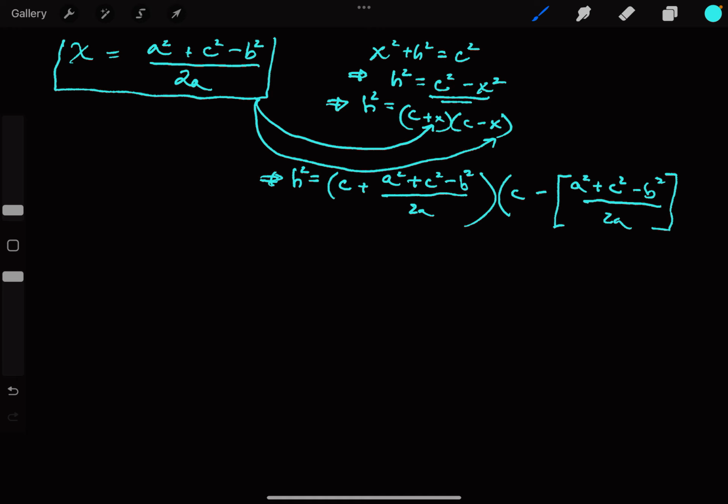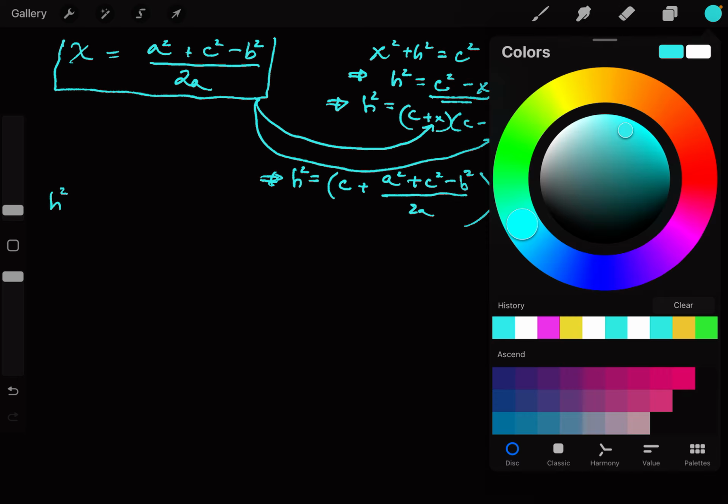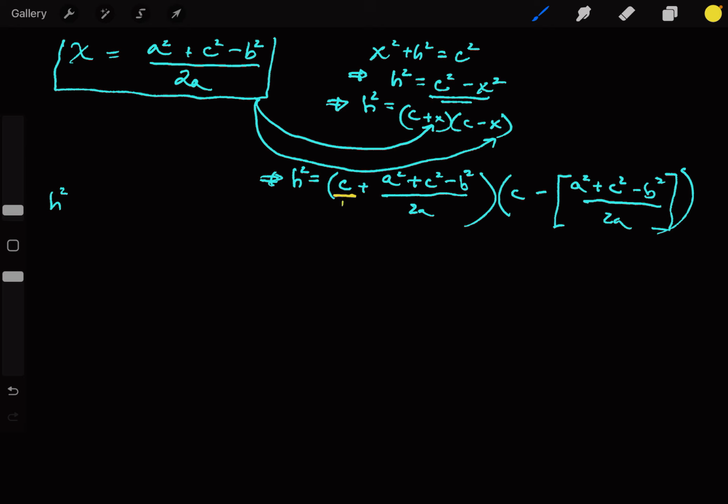And now what I do is I'm going to get a common denominator between the two. So what do I mean? So here, this is c over 1. But I want that to have the same denominator as this term right here. So the common denominator is 2a. So I multiply by 2a on the top and bottom.